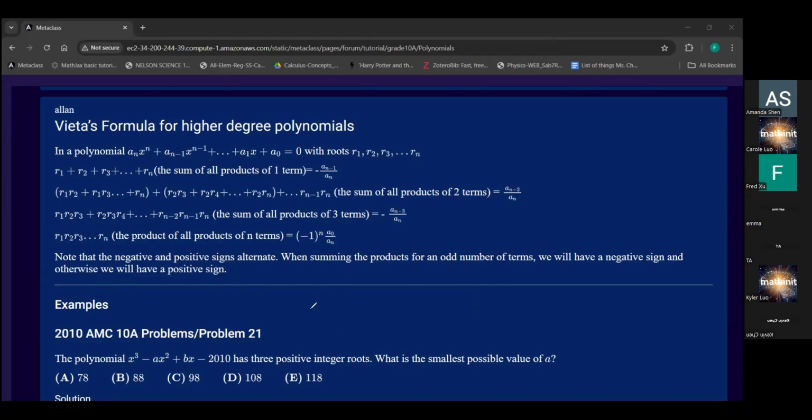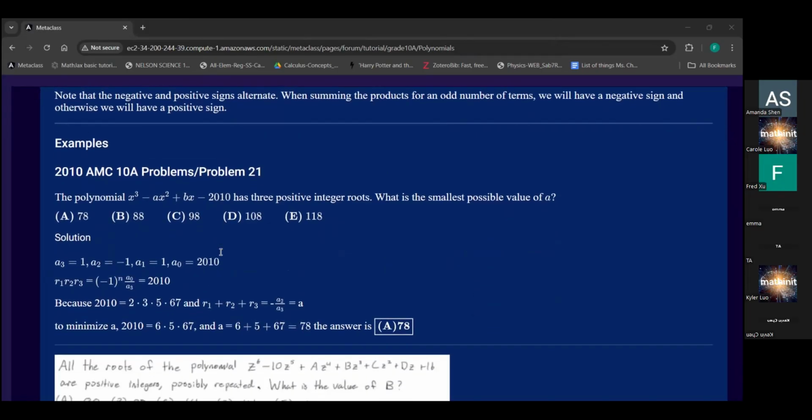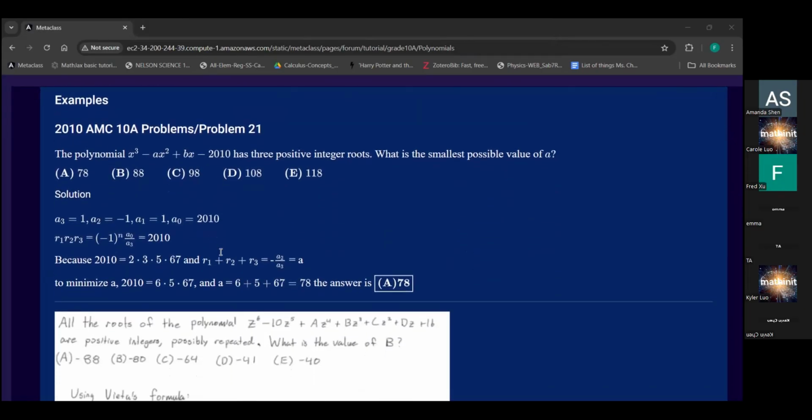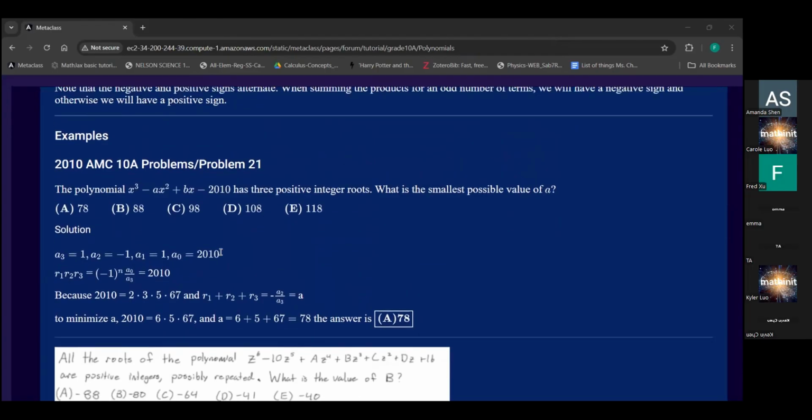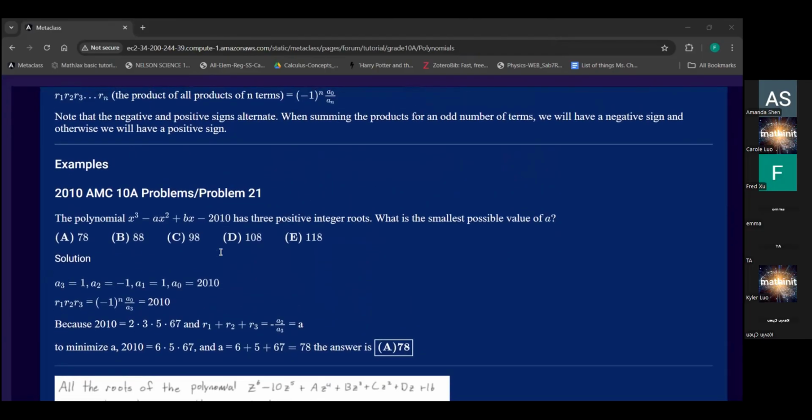Okay, the 3 minutes is up. Basically, we have this polynomial over here, and we have these coefficients.